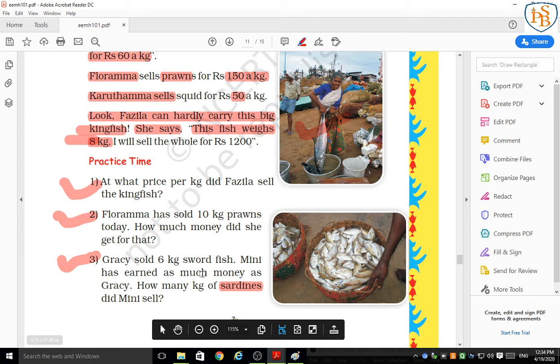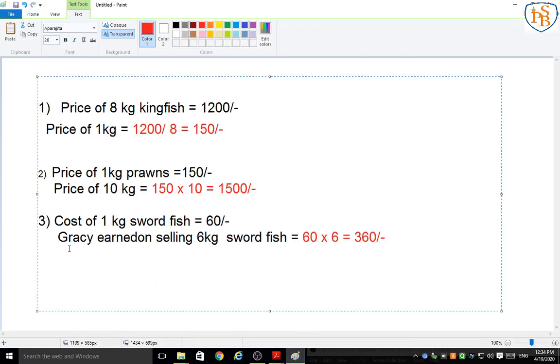Minnie has earned as much money as Gracie. Gracie earned on selling 6 kg swordfish rupees 360. So if Gracie earned 360, then same for Minnie. Correct?